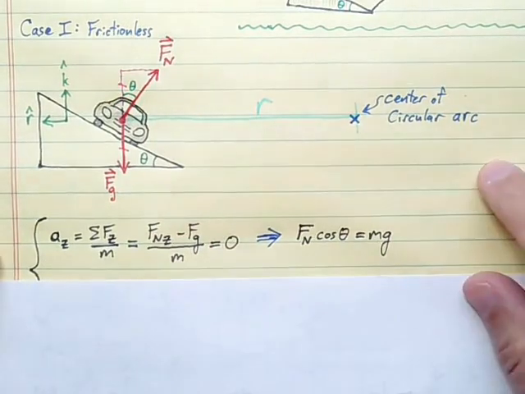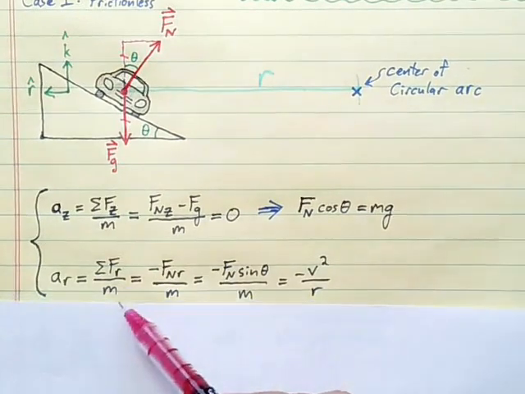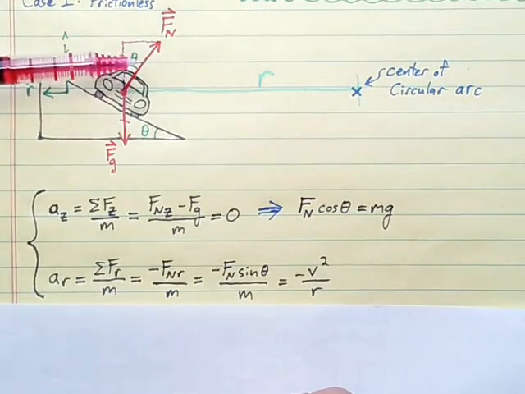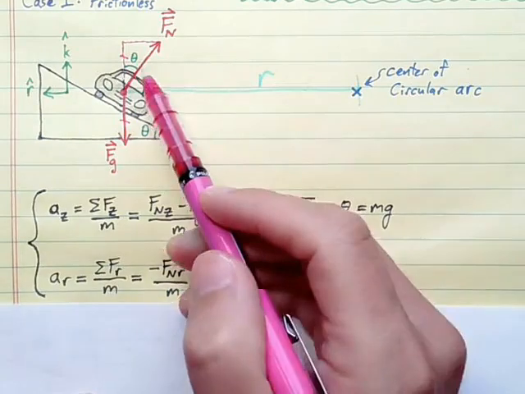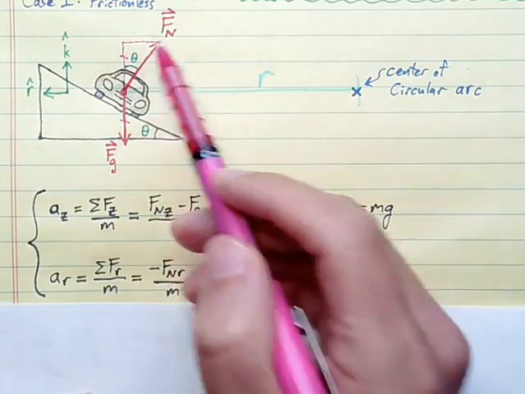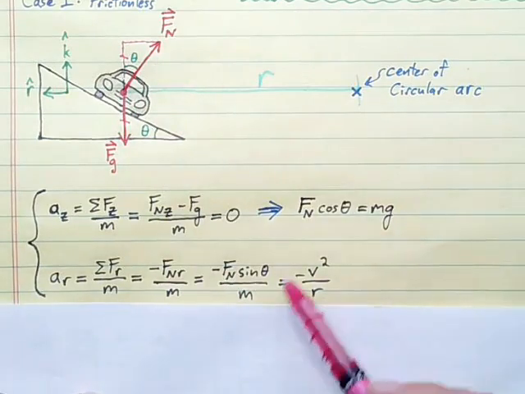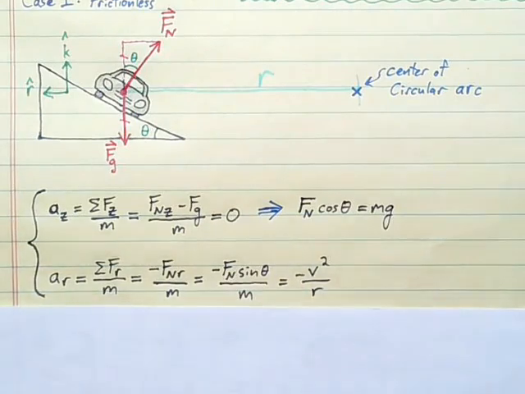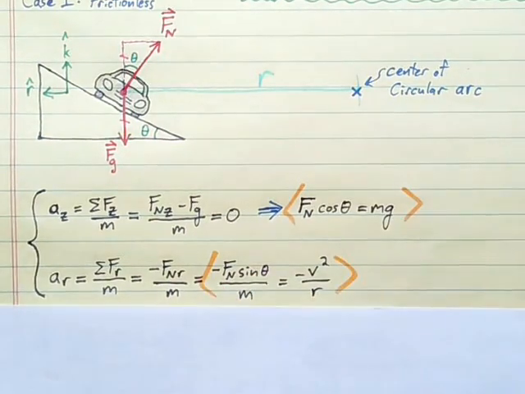Then in the radial direction, sum of the forces in the radial direction over the mass, we only have that radial component of the normal force, that inward, negative radial, centripetal component, so minus Fnr. From our trig, we can see that this is Fn sine theta, so minus Fn sine theta over m. And then we set that equal to negative v squared over r for our radial acceleration. Those are the two equations we need.